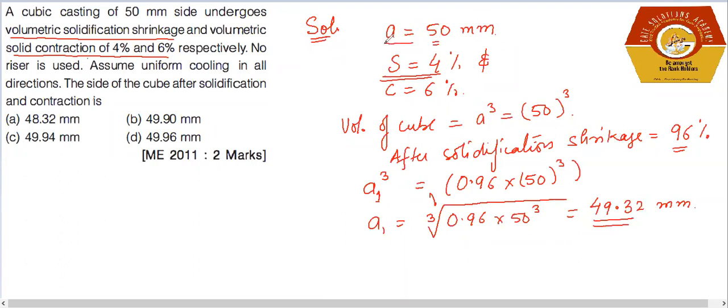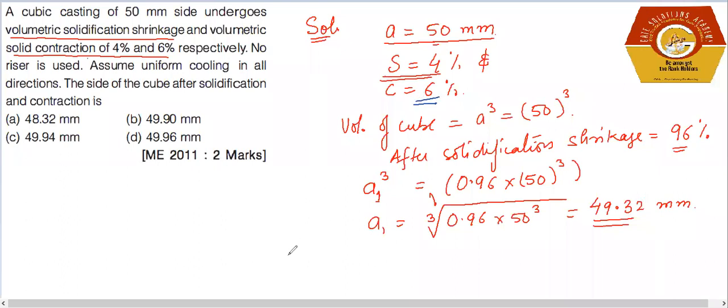Initially, the side is 50 mm. After first shrinkage, it becomes 49.32 mm, right? So this is not the stop. After solidification shrinkage, we have solid contraction. The solid contraction is 6%, right?